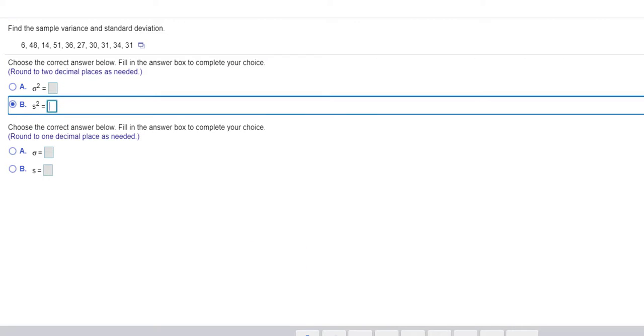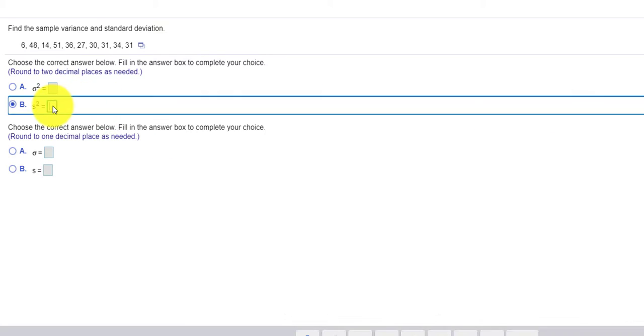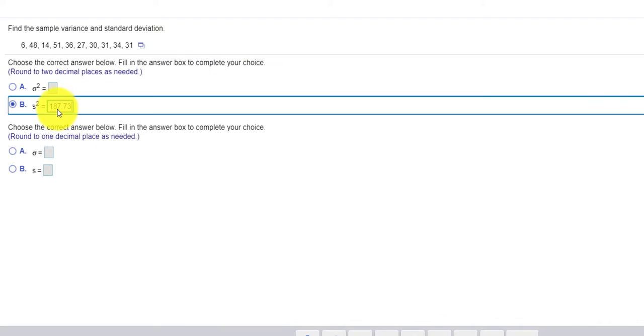And the answer here was 183.73. I'm sorry, 183.73. Let's just fix that. Okay, and again, notice the word sample variance versus population variance.